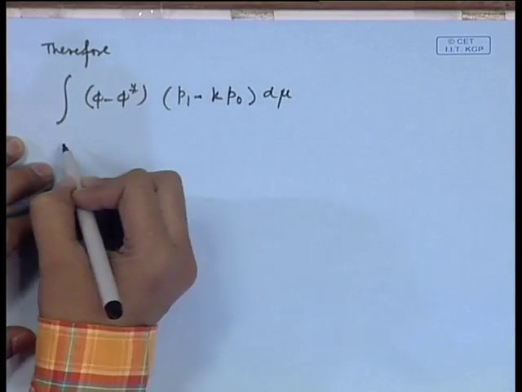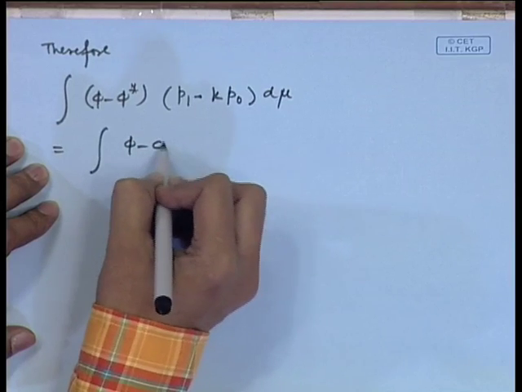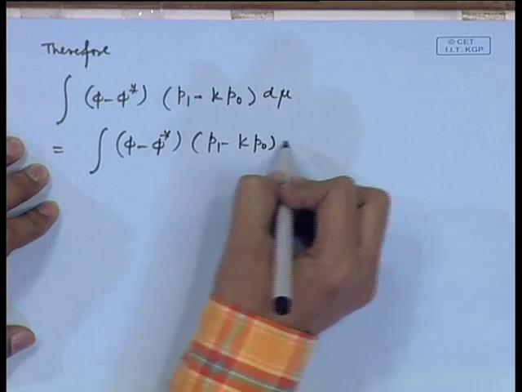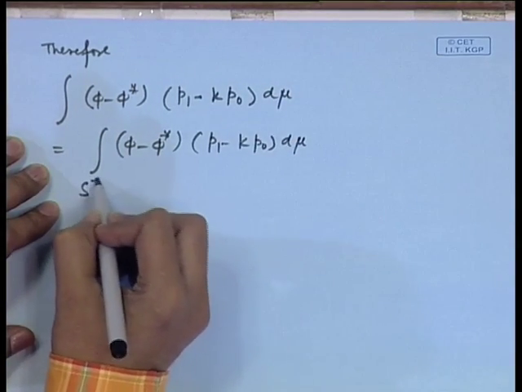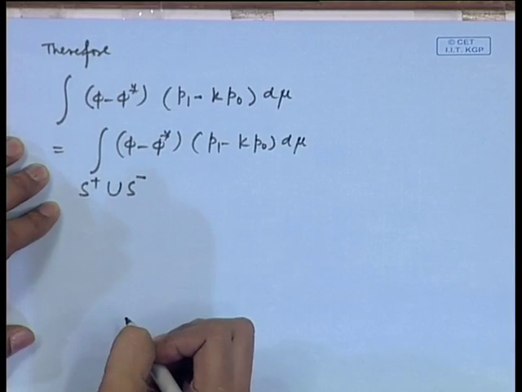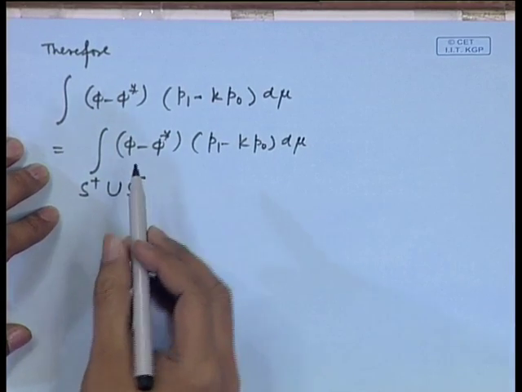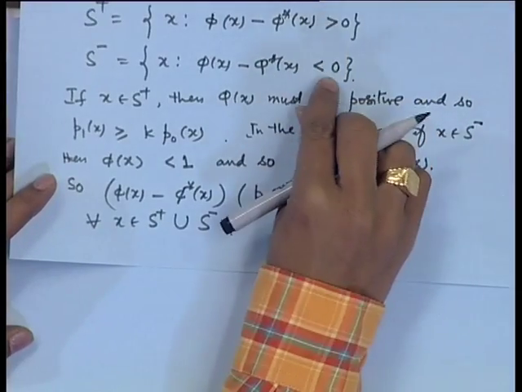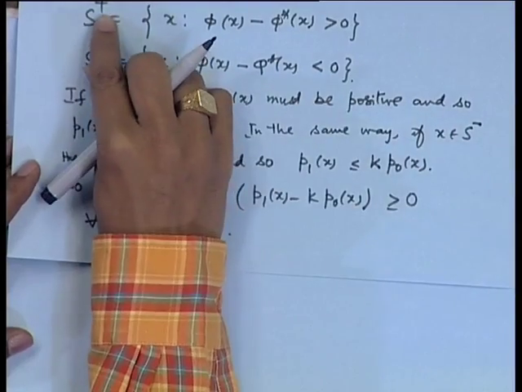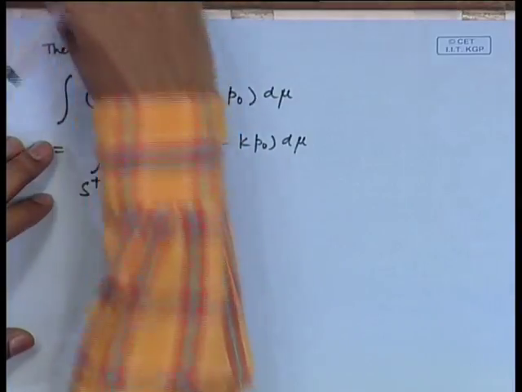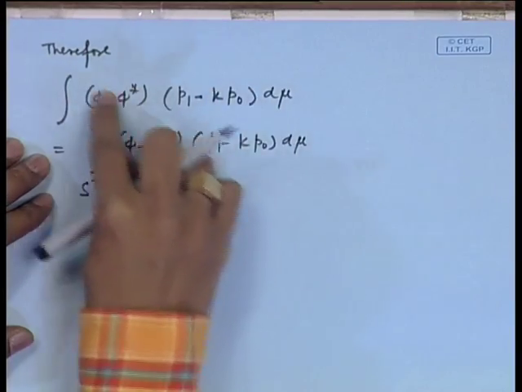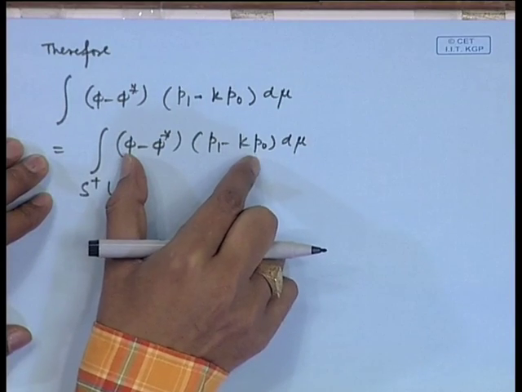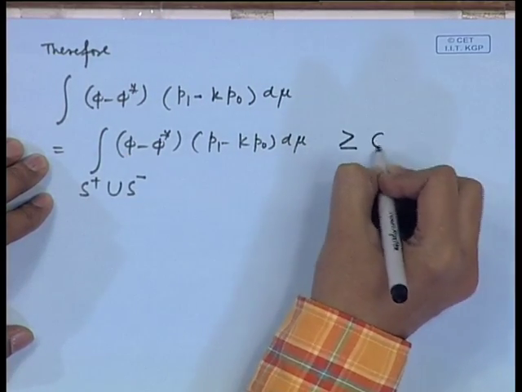So, this integral will be equal to the integral over the region S plus union S minus. We have exhausted all the regions, because over S plus this term was positive and over S minus it is negative. If we go out of S plus and S minus, then this will be equal to 0, so the integrand will become 0 and we can ignore that. So, we are looking at only the portion where it is non-negative, and this is greater than or equal to 0.